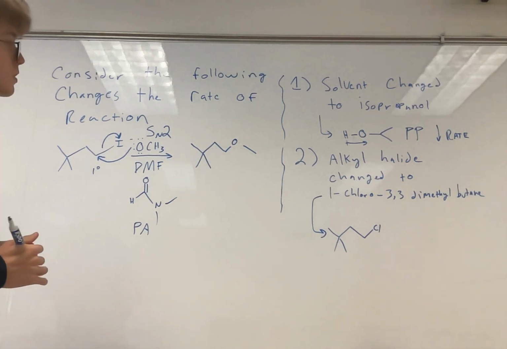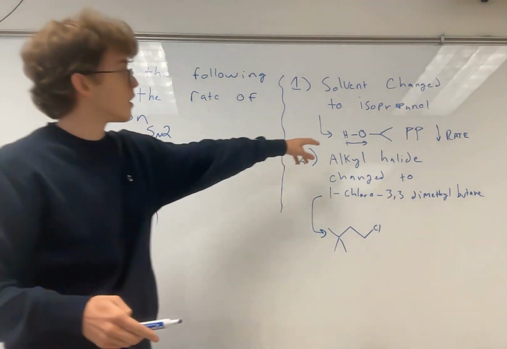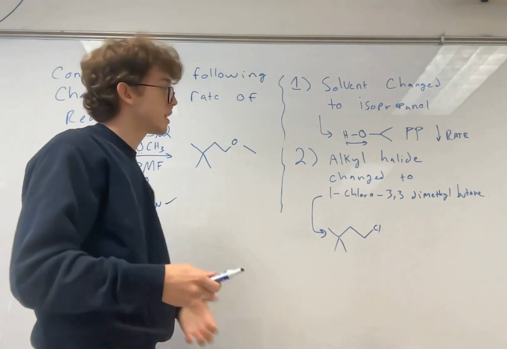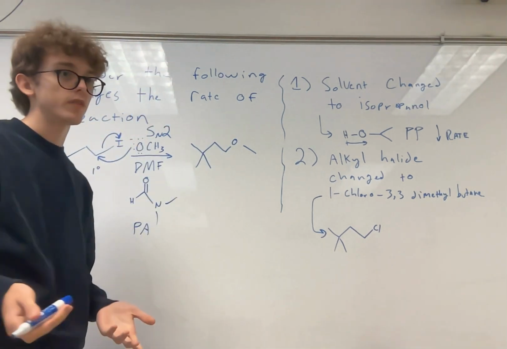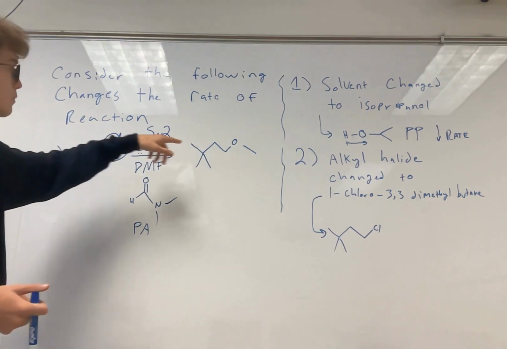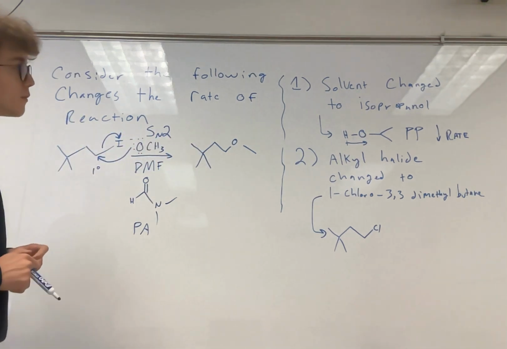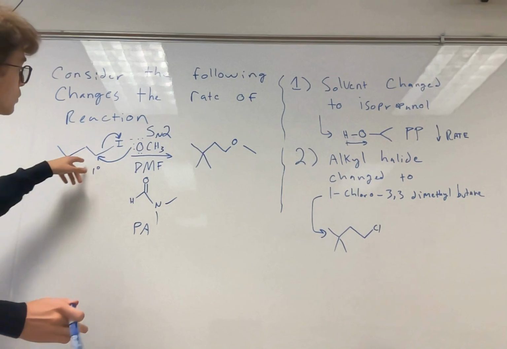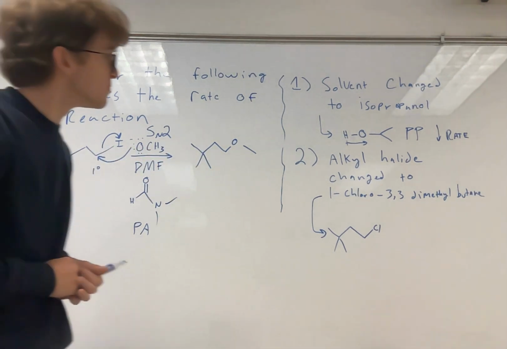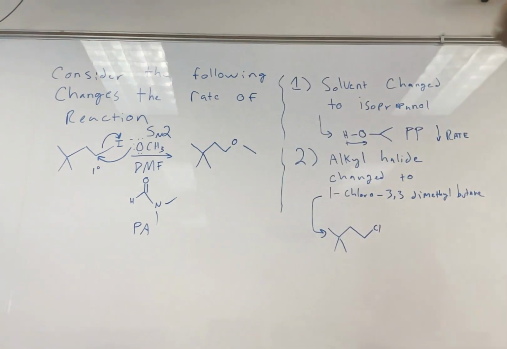Something important here to notice is that if it's the solvent, there's lots and lots of atoms there, right? Because it's the solvent. So what it's going to do, potentially, is interfere with this nucleophile here, protonate it, therefore decrease the rate of the reaction here. So that's kind of an explanation as to why.